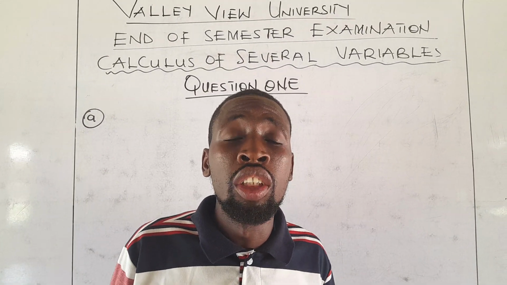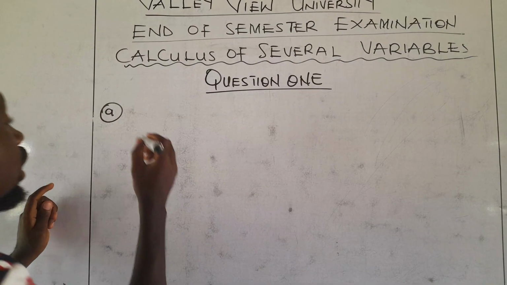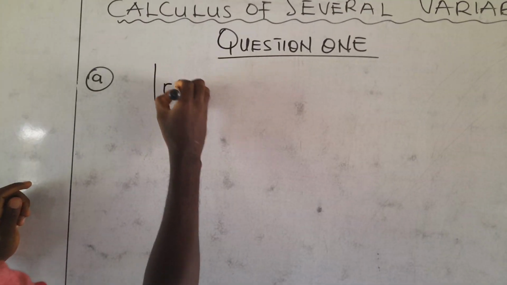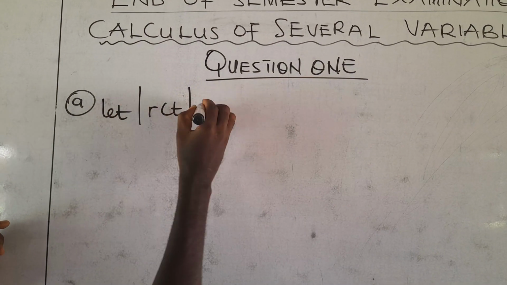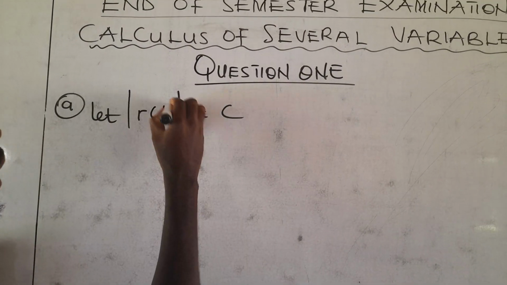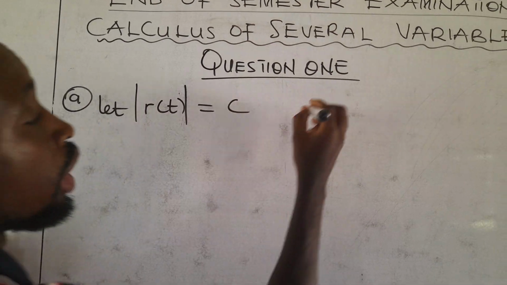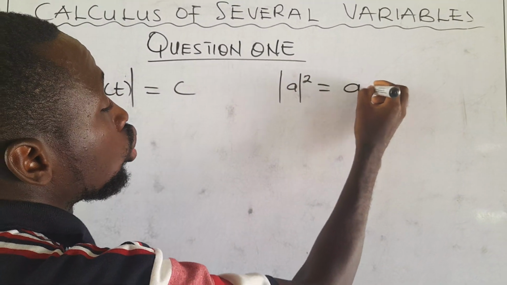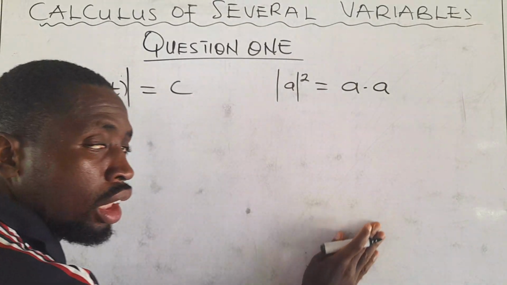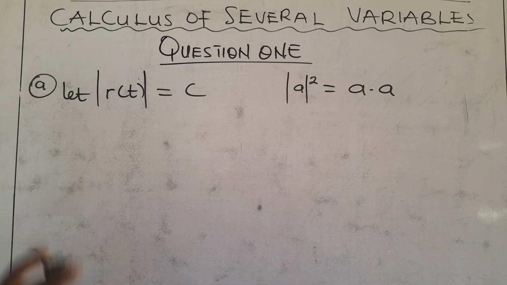Before we can solve this, we must know some gist. Since the magnitude of R of t is constant, we let it be equal to a constant, say C. Also you must know that when we square the magnitude of a vector, it will be equal to the dot product of the vector with itself. That's the gist we have to use.